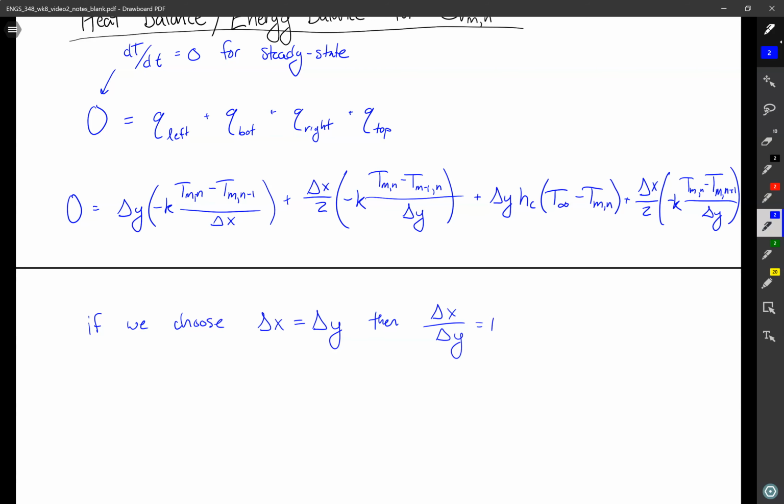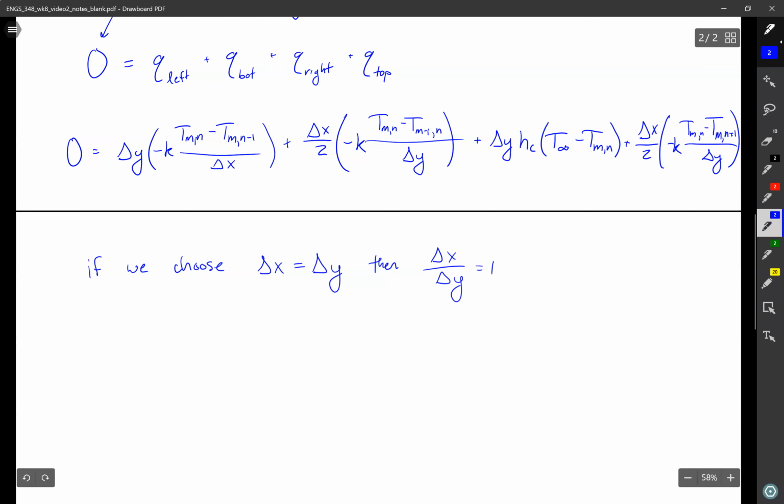We chose an evenly spaced grid. In this first term, we have a delta Y over delta X, so that will just go to 1. The delta Y and the delta X are the same distance. So this is k (T_m,n-1 minus T_mn).